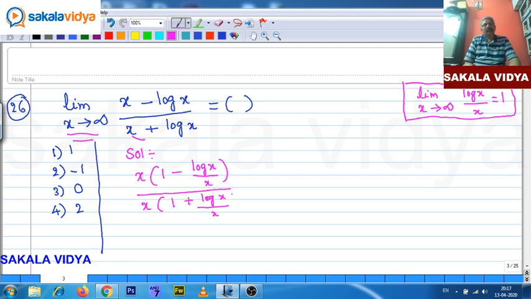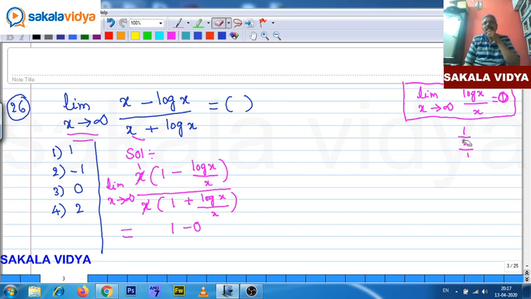Even if you open the brackets, you will get the same thing. Limit x tends to infinity. Here x gets cancelled. So this equals 1 minus, let us do log x by x. Log x differentiation is 1 by x, this will be 1 by x, which is 0.